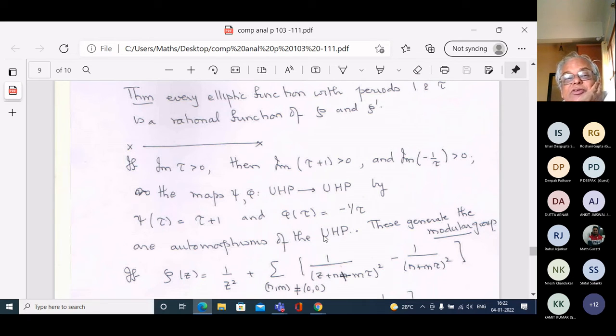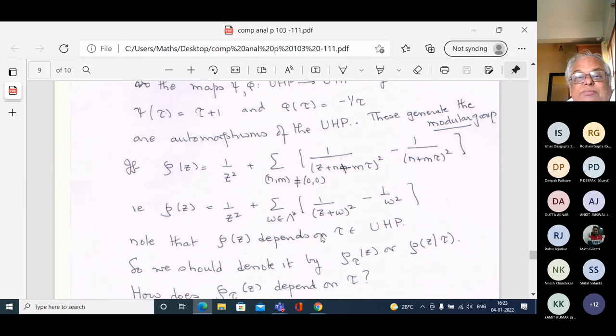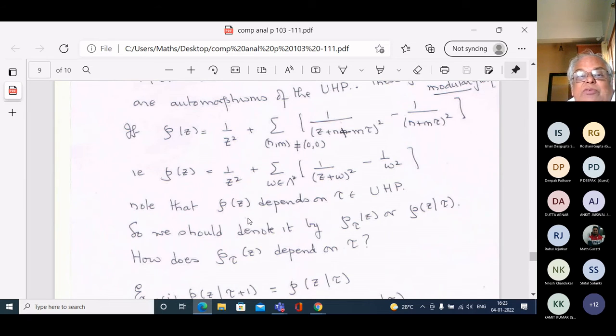Question is, how does the Weierstrass P function behave under these automorphisms of the upper half plane? The automorphism is acting on tau. P of z depends on tau because your lattice depends on tau.